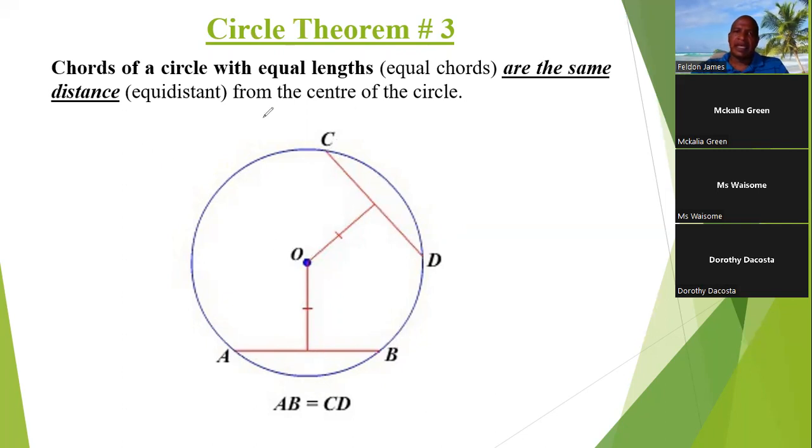the theorem is saying that chords of a circle with equal lengths are the same distance from the center.